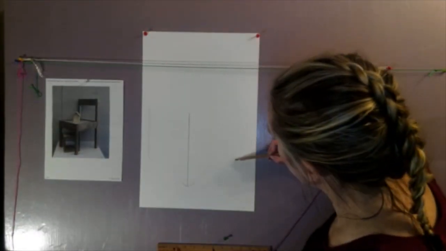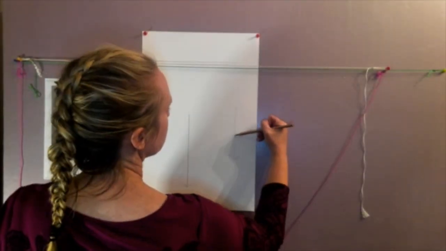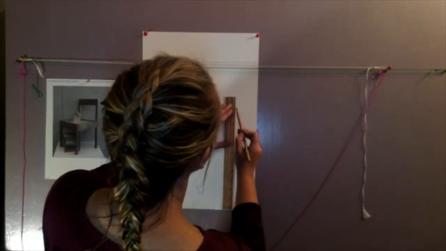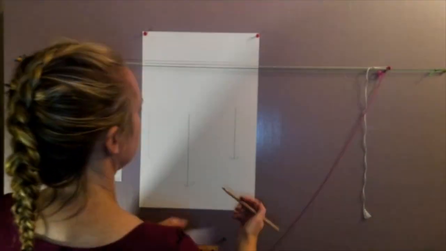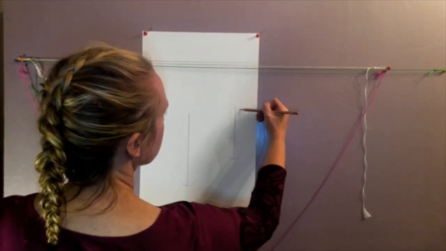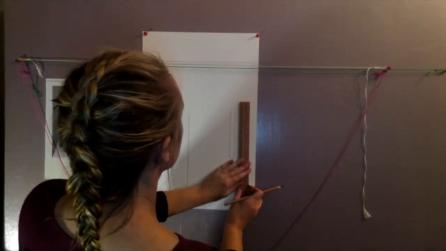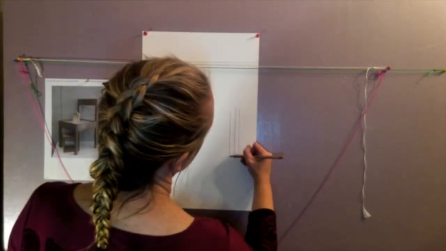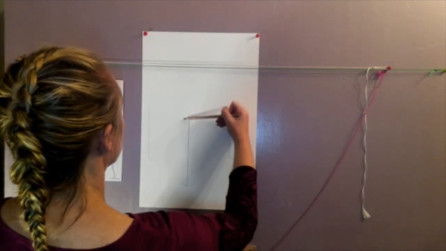So it's like boxes being drawn to the vanishing points. And you just need to make sure that you keep your parallels parallel to the side of the piece of paper. To use a ruler, you have to just double check it.